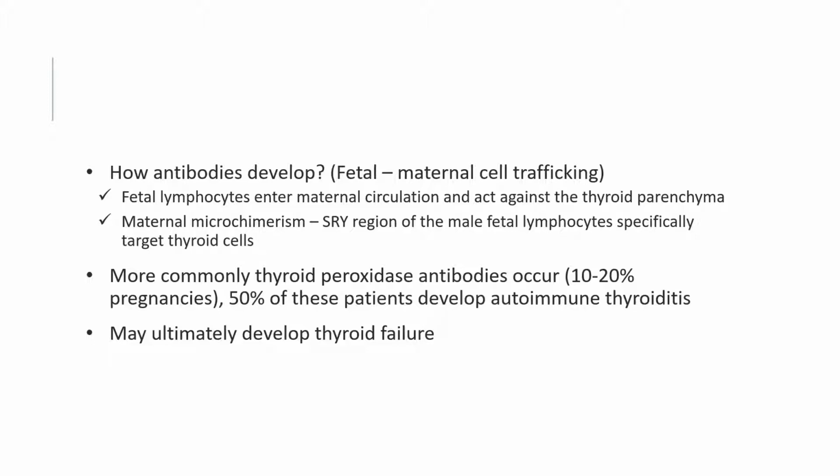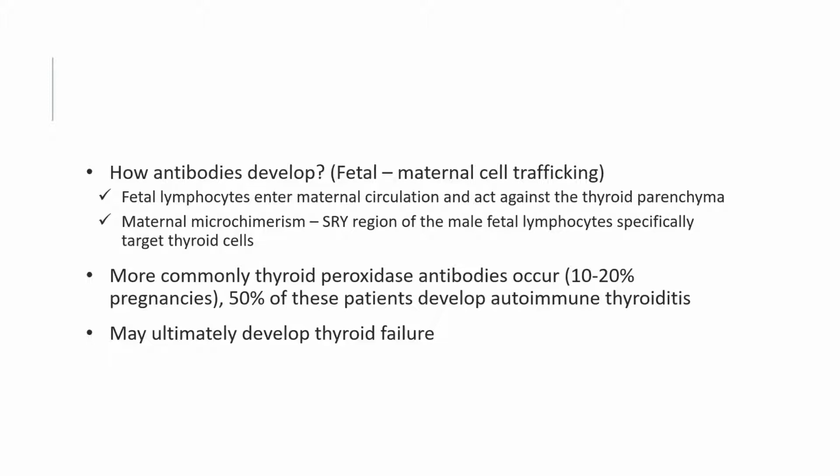The SRY region of the male fetal lymphocyte specifically targets the thyroid cells. Microchimerism means that there are different chromosomes, right? The fetus can be a male, and his chromosome is different from the maternal chromosome. So here also the SRY region is acting particularly on the thyroid cells. That is what they mean to say.